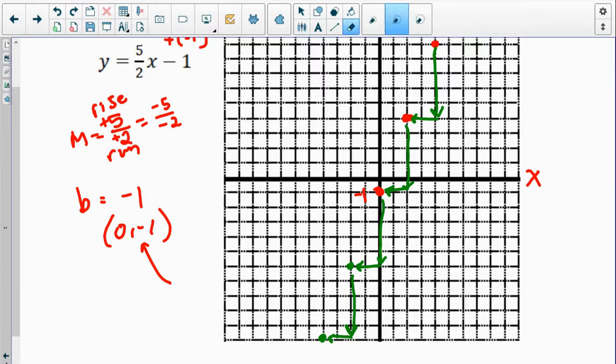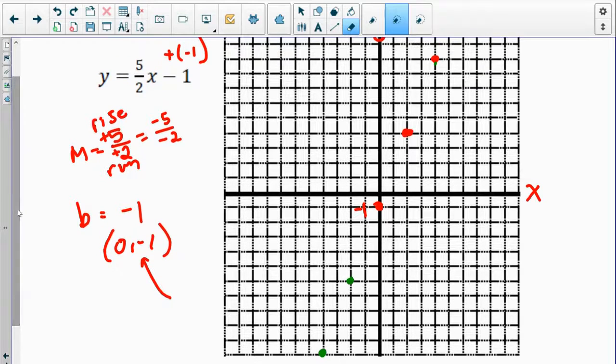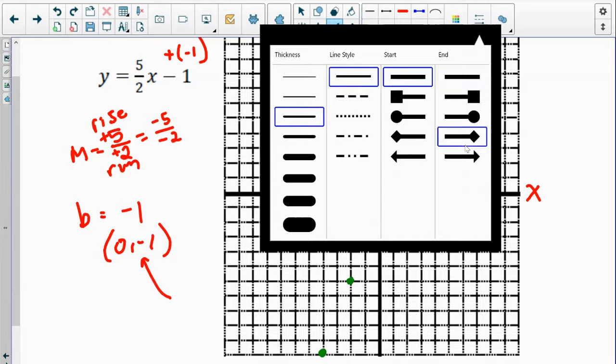All right, so now let me get rid of my arrows here so we can see just the points, mostly. There we go. And look at that, they line up quite nicely. So the last thing we have to do is draw a line with arrows at the ends.